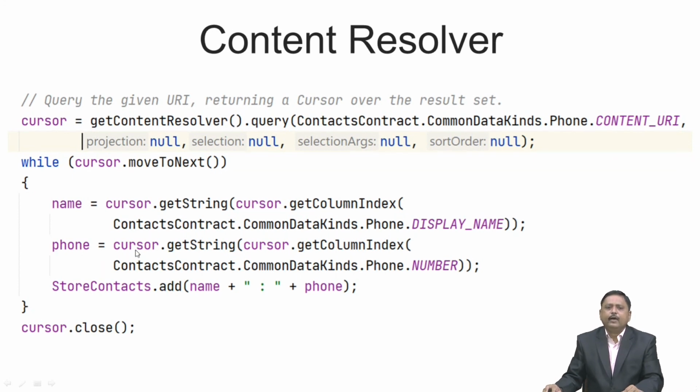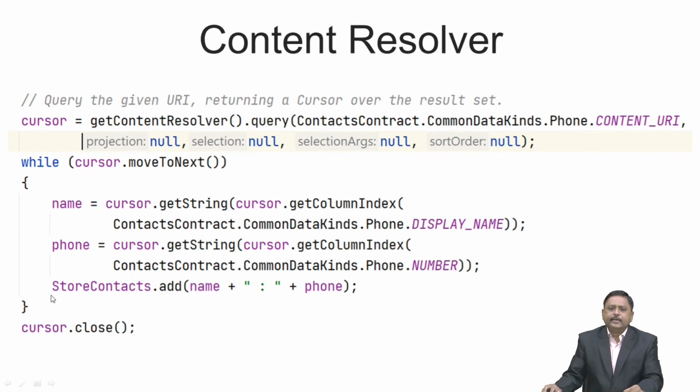Similarly, inside phone I write cursor.getString and we specify the index of the column using getColumnIndex, and the name of the column is ContactsContract.CommonDataKinds.Phone.NUMBER, and we store that name and phone number inside one list, that is storeContacts.